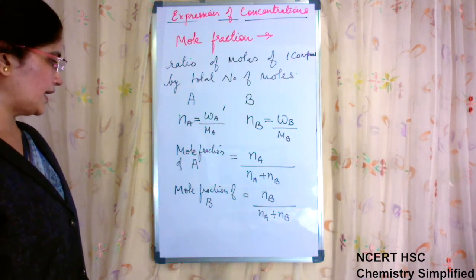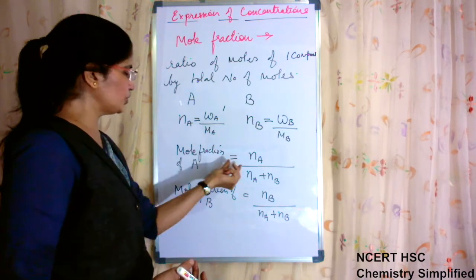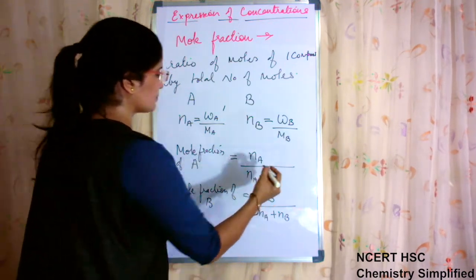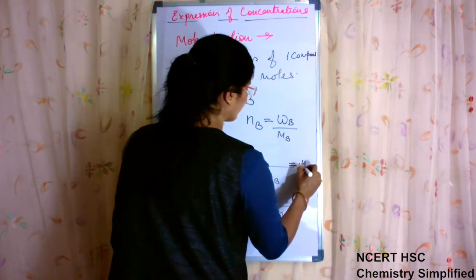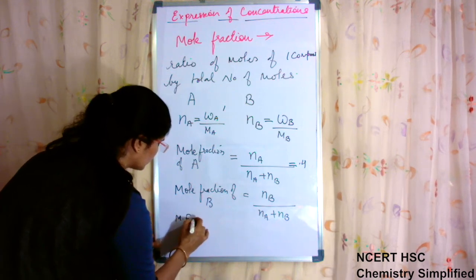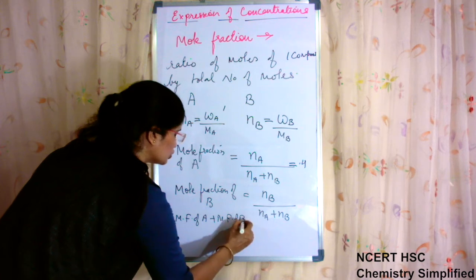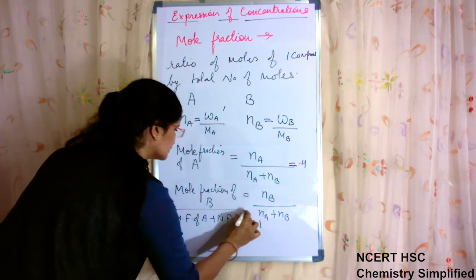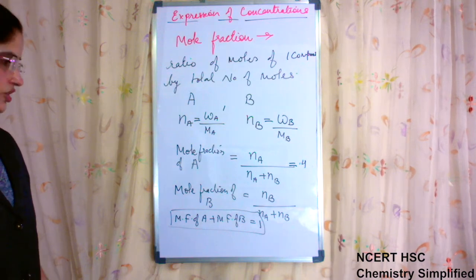Also, we should know that if you got some value for the mole fraction of A, suppose we got 0.4, then the mole fraction of A plus the mole fraction of B should equal 1, because a fraction is out of 1.